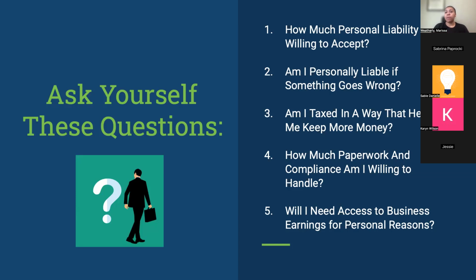And then also, how much paperwork and compliance are you willing to handle? So, like I said, depending on your structure, you're going to have a lot more requirements to meet. And that includes if you're going to have certain classifications for your business, if you have to be certified for something, if you're going to have an LLC, but then maybe you want to be taxed a certain way based on your members.